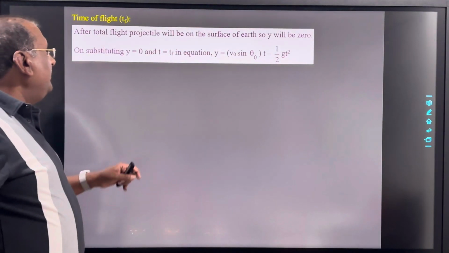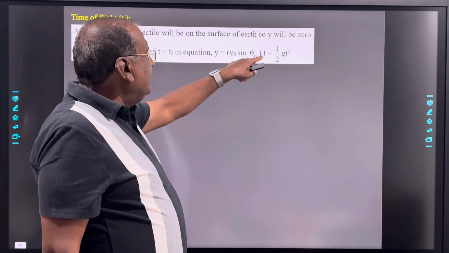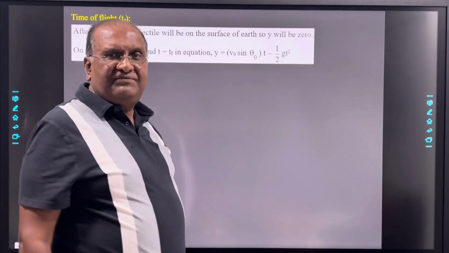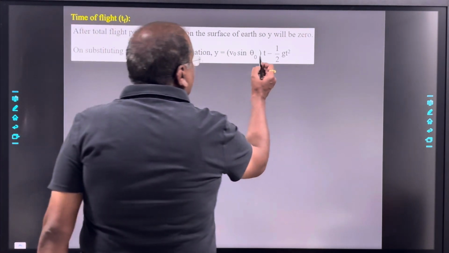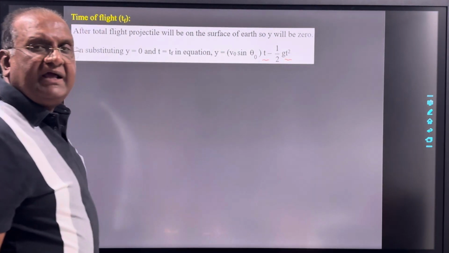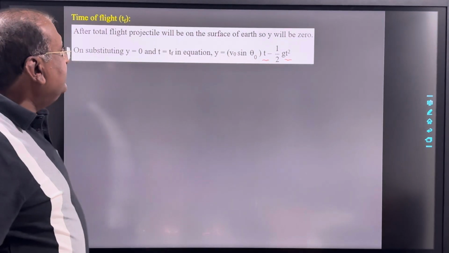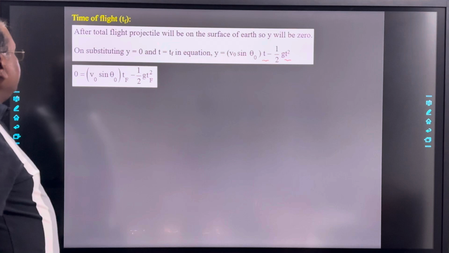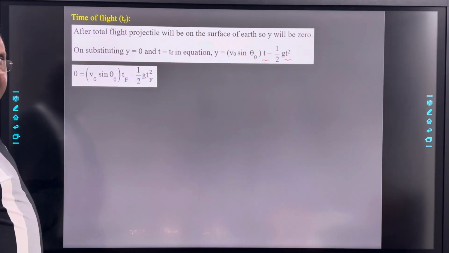In the equation y = v0 sin theta0 · t − ½gt², at time t = tf, the time of flight, y will be 0. So in this equation substitute t = tf and y = 0.